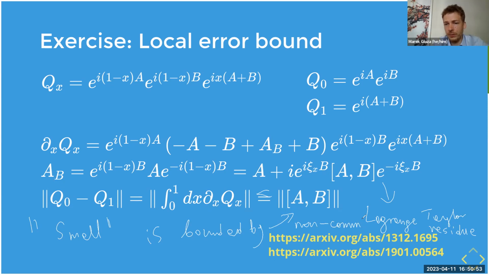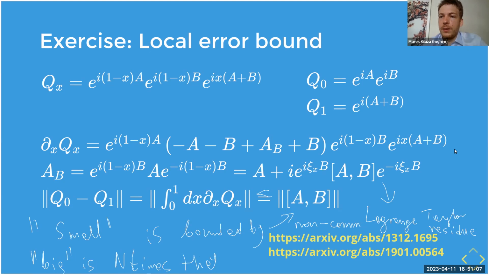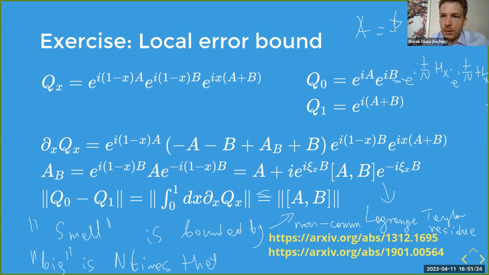It's our measure of how non-commutative those operators are, and big is n times that. Okay, and the last thing is that I was explicitly writing out those painful factors e to I t over n h x, e to I t over n h z. Okay, so our A is equal to t over n times hx.